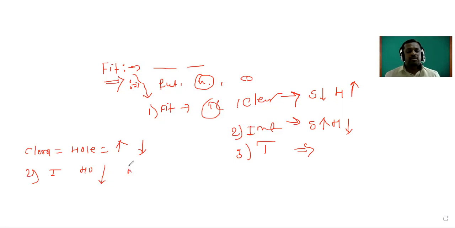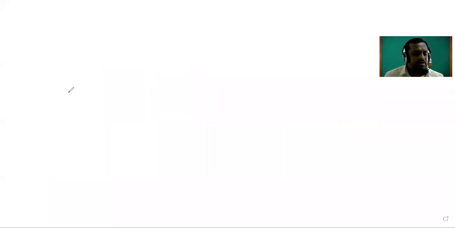That much we have covered. So one type of fit remains, that is the transition fit. That point we will cover first. I will directly draw one figure, and according to that figure we will cover the transition fit, and then we will move toward the next point.